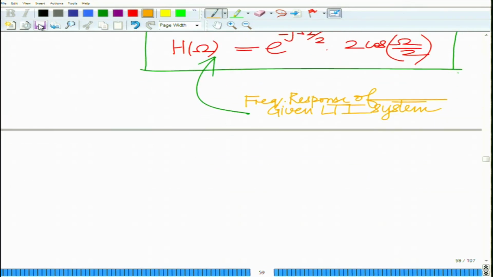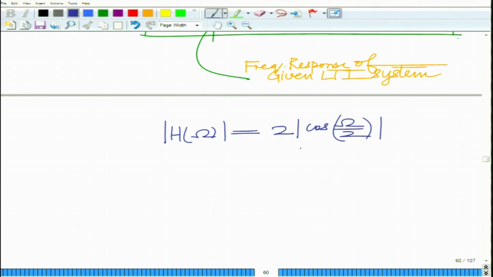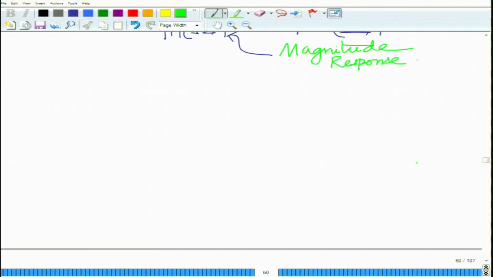And if you look at the magnitude response, magnitude of H of omega, you can see this is clearly 2 magnitude cosine omega by 2. This is basically your magnitude response. So, if you draw this, it will look something like this.